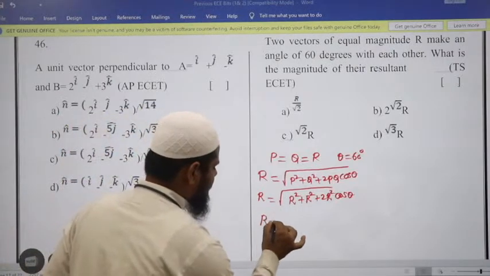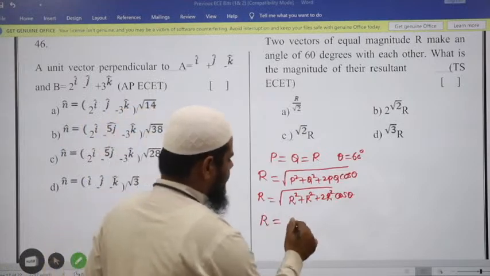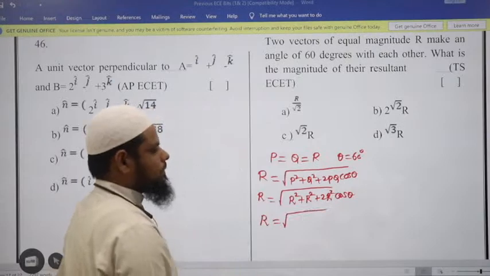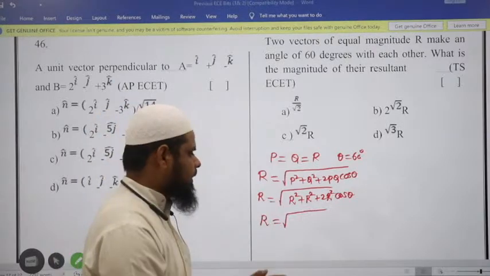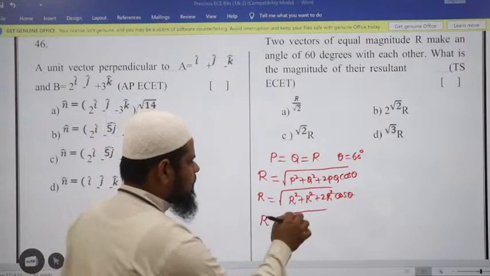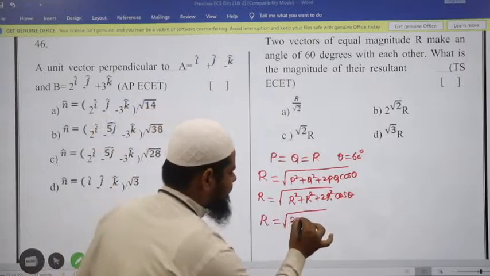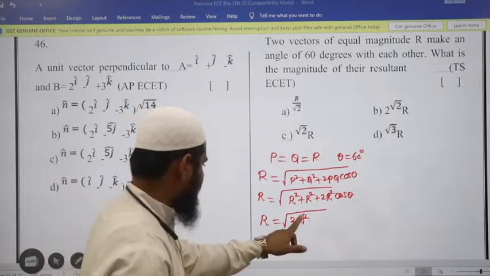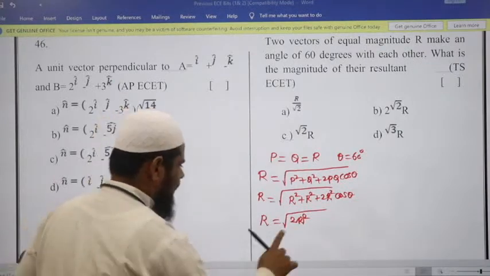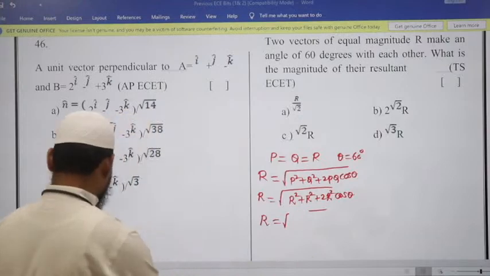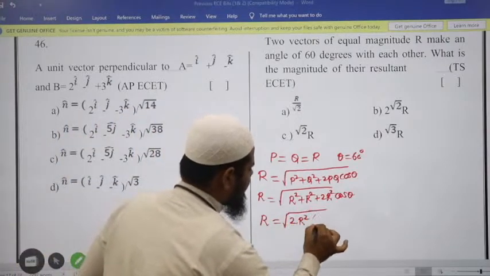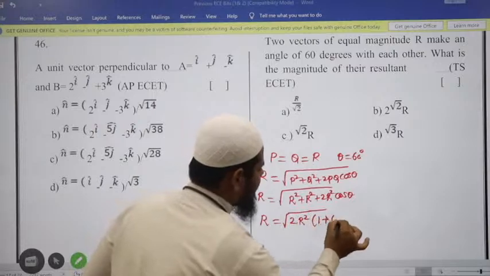R is equal to root over, now we have one more formula, a shortcut, I will tell you later on. So 2R square is the common thing. Then you will get it as 1 plus cos theta.